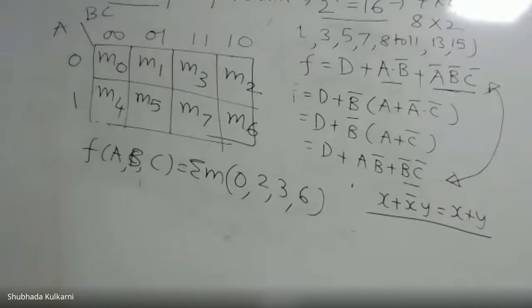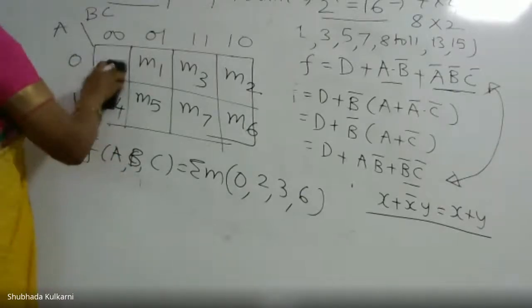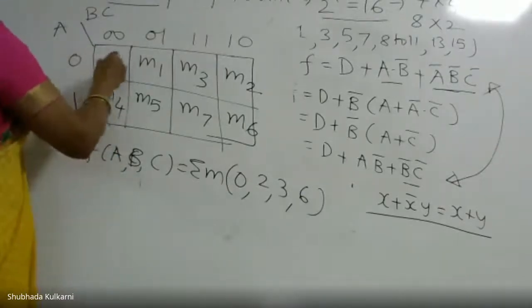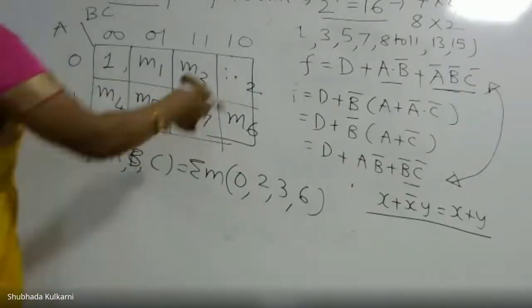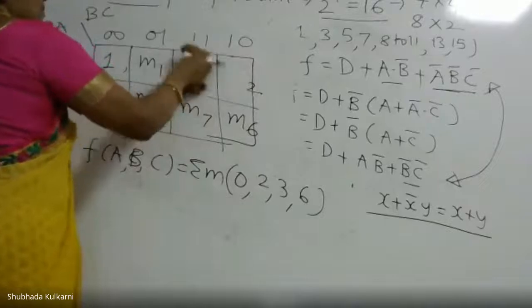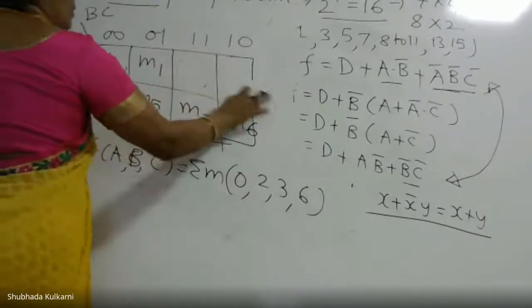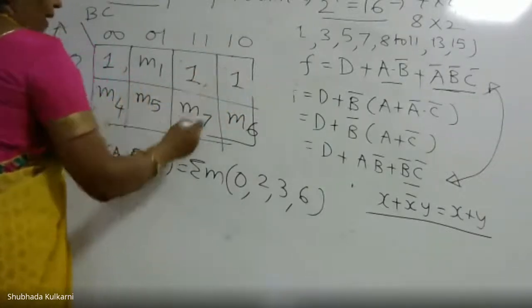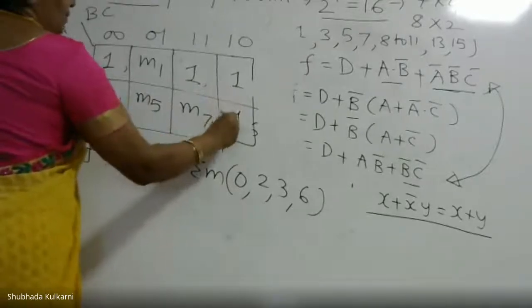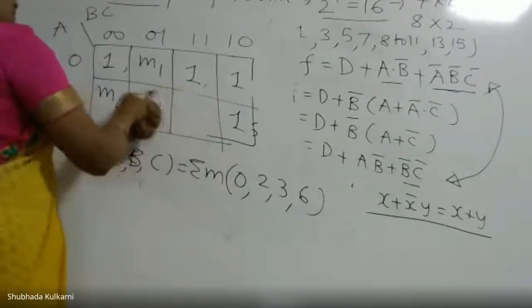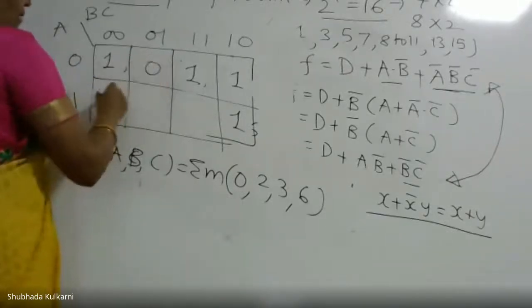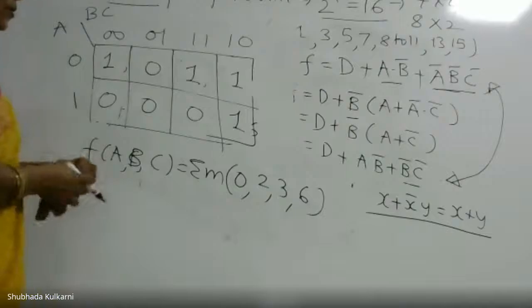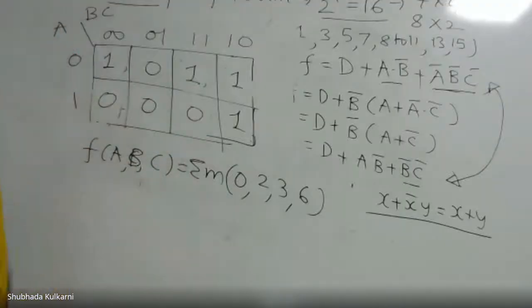We know that 0 is here, so we will say this is 1, 2, 3 and 6. These are 1s. If we write the other numbers, the K-map will not look nice, so it's better to enter 0 in the remaining positions because the output is 0. See this problem. Then the next part is grouping.